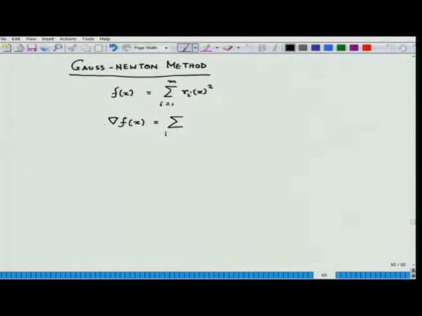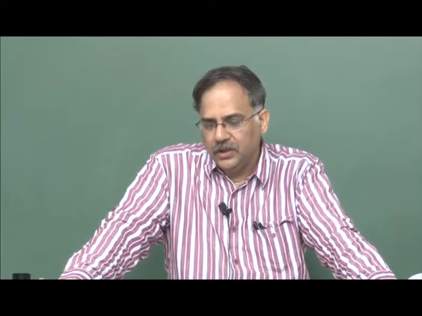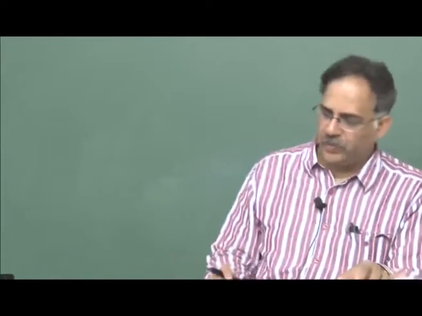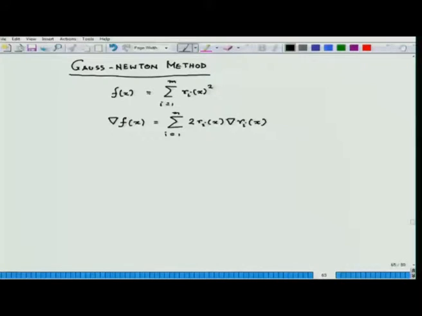So, I need to compute the gradient of f(x), and this is what you will have. This is a very simple thing, an application of the chain rule at this point. Now, you observe that you can express this in a slightly better way.